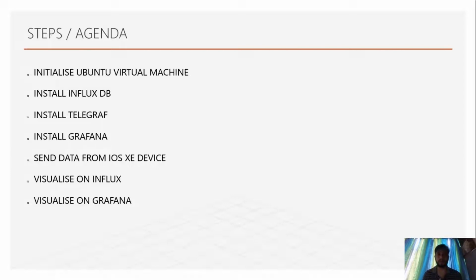Then we're going to install Grafana, which is the visualization platform. Then we'll send the data from the iOS XE device, utilizing Cisco's DevNet platform. We'll complete the demo by visualizing the data on the Influx platform, and then get the queries and use those queries on Grafana to complete our entire setup. So let's dive right in.